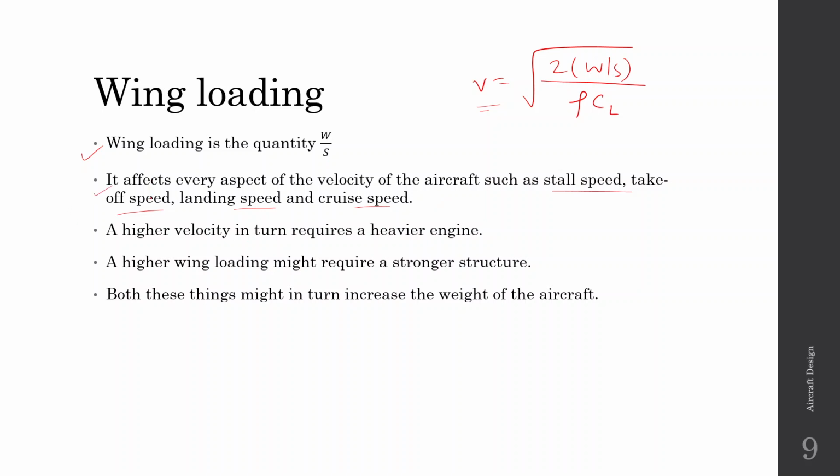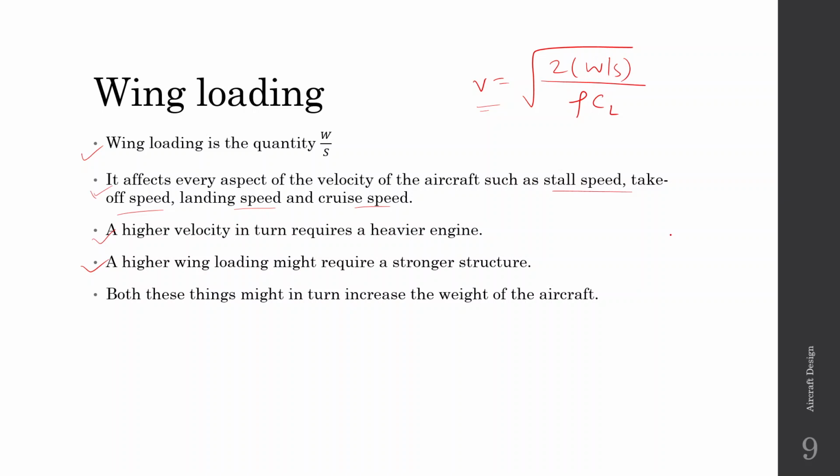This is the direct effect of wing loading, but it has indirect effects too, because higher velocity will require a more powerful engine, which is usually heavier. Another indirect effect is that higher wing loading requires a stronger structure.